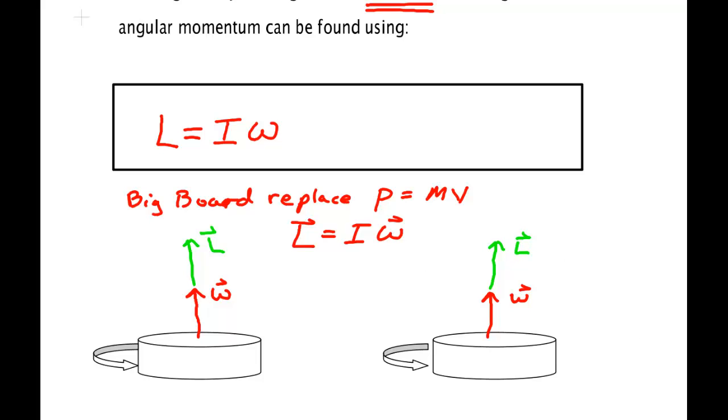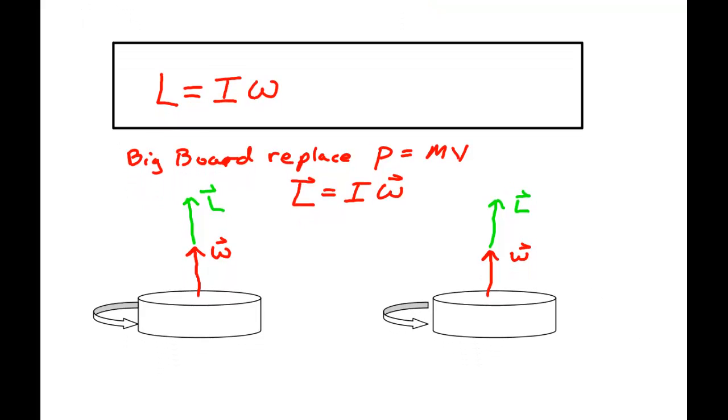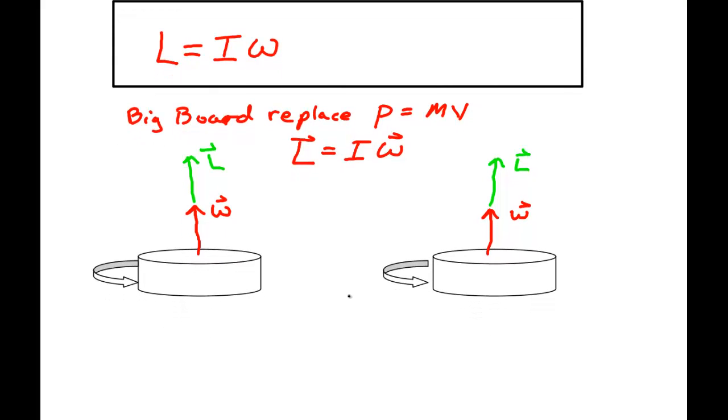Now you could also ask, what about torque and angular acceleration? Let's assume that this one is speeding up, and this one slowing down. Well, if it's speeding up, then I know that alpha is in that same direction as omega, and the sum of the external torques is always in the same direction that alpha is.